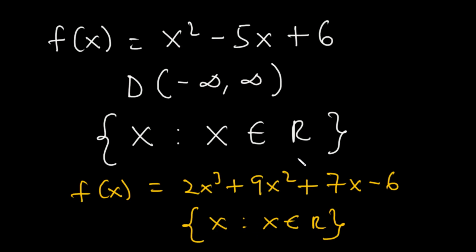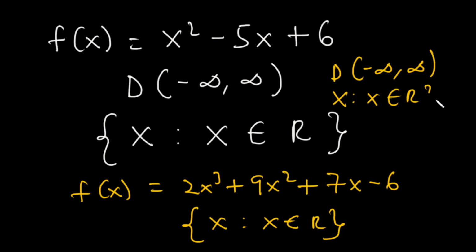So this is the idea. When there are no fractions or square roots but only polynomials, then the domain is going to be from negative infinity to infinity, which can be written as x such that x is the set of all real numbers.